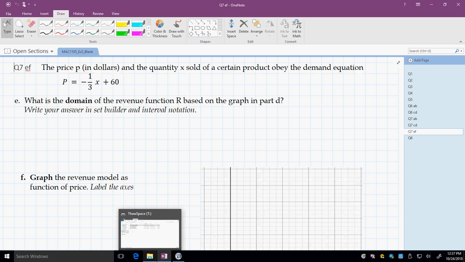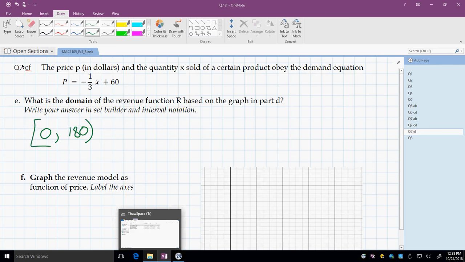Now, the domain of the revenue function based on the graph in part E. Just write your answer in set-builder and interval notation. It's going to be from 0 all the way to 180. And that's our interval notation.